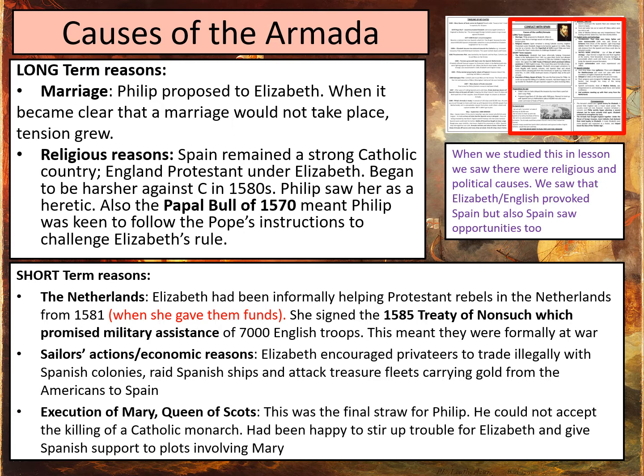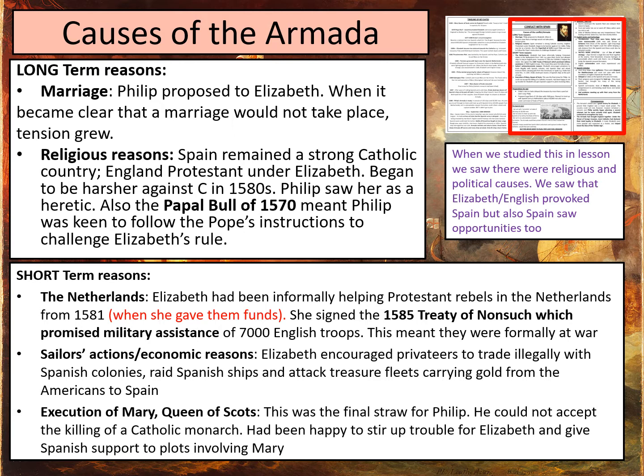So there were a number of long-term reasons. The first of these was that Philip of Spain had proposed to Elizabeth. Remember that he'd been married to Elizabeth's sister Mary, and had enjoyed the power that brought him, not being officially the King of England, but having power over England and power over Mary, for example, bringing her into a war with France.